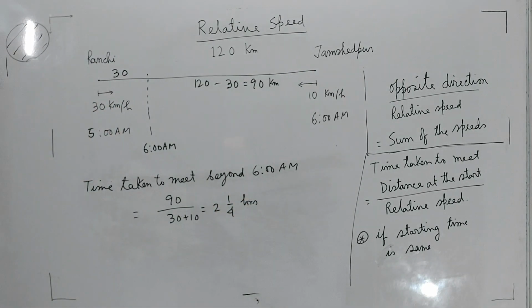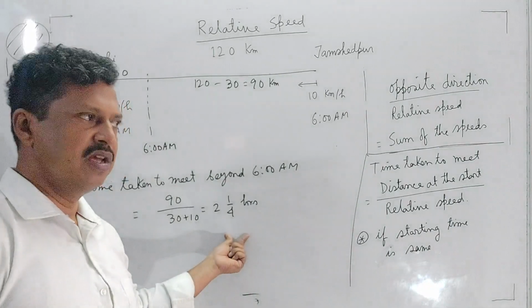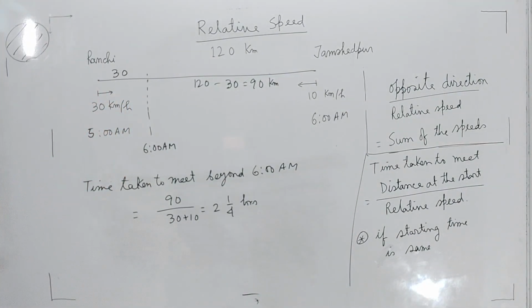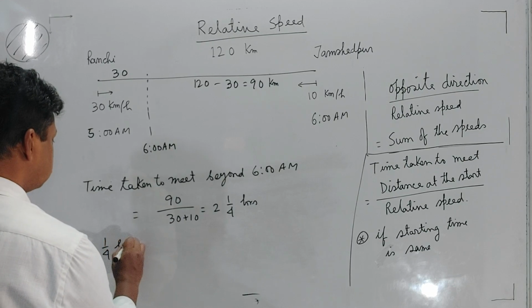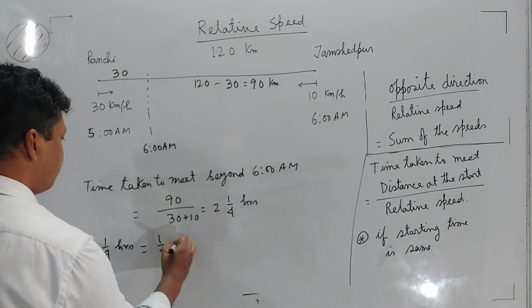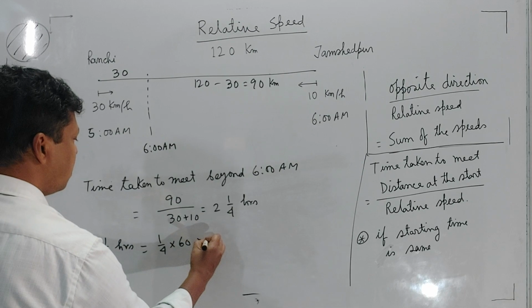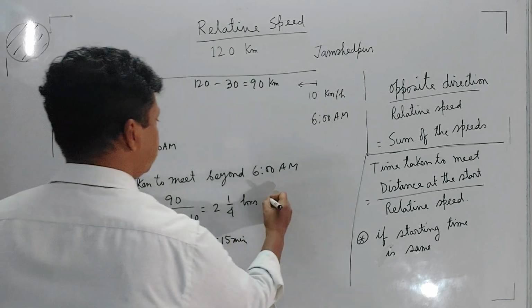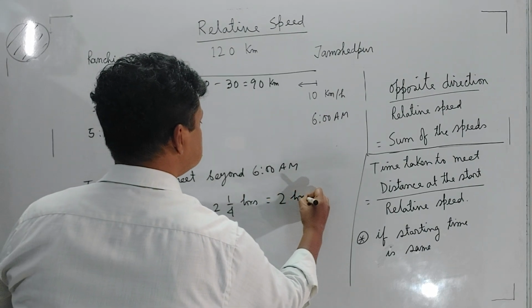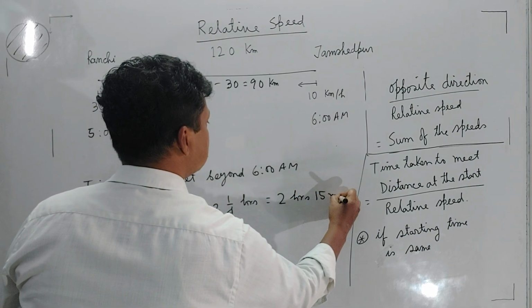So 2 1 by 4 hours means 2 hours, and 1 by 4 hours means 1 by 4 into 60, that is nothing but 15 minutes. So 1 by 4 hours is nothing but 1 by 4 into 60 minutes, so 15 minutes. So it comes out to be 2 hours 15 minutes.